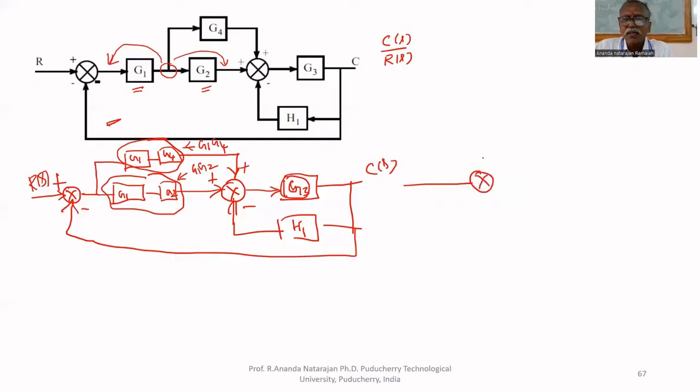In this diagram itself, we could have done like that. This is G1 G4. Here, G1 G2.